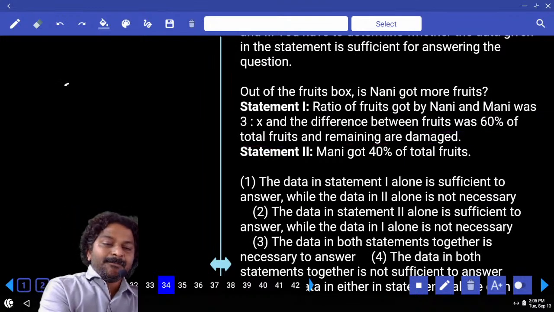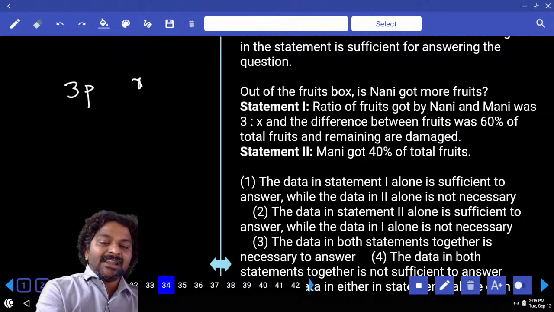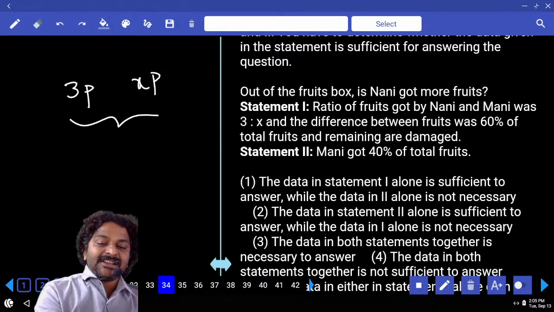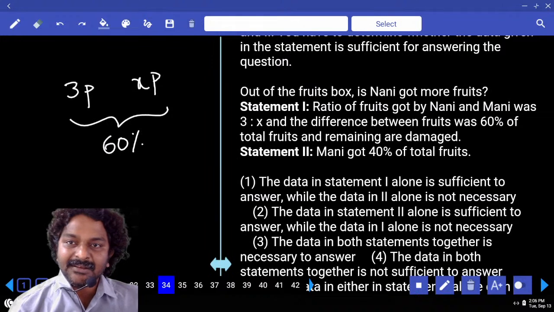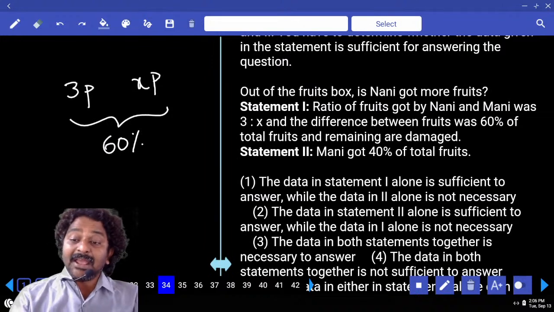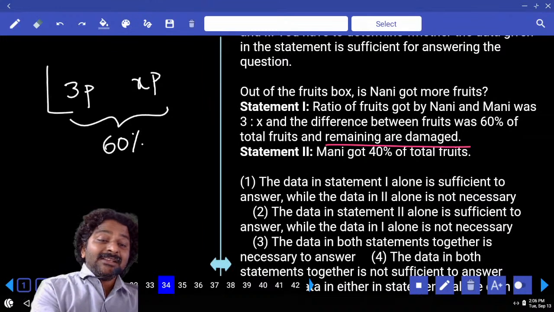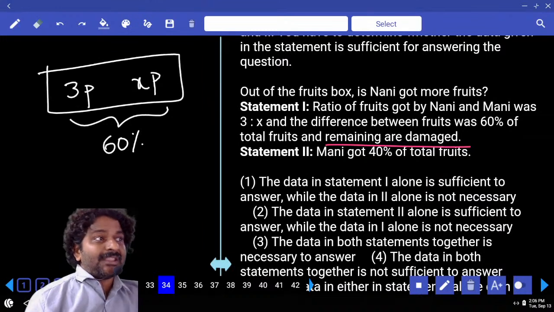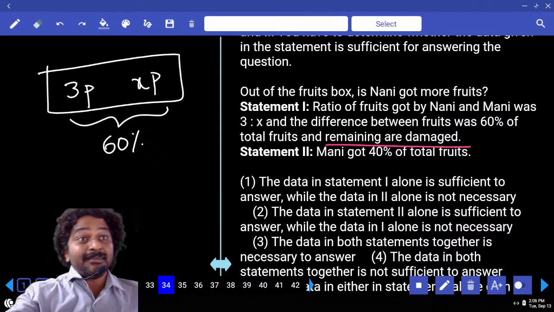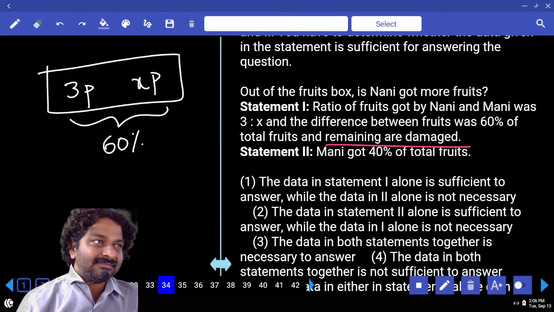So we know that this is 3 parts and that is x parts. They said the difference is 60% of the total. Correct? Right. And how many are remaining? If you know that the sum of these two together is 60%, then the remaining becomes 40%.